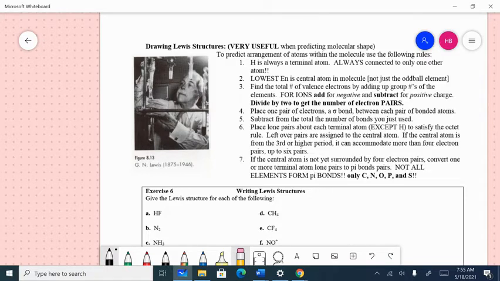If you are trying to represent an ion, remember that a negative sign means I have one extra electron. A positive sign means I have one electron short. So if you have a minus ion, that's how many extra electrons you have. If you have a plus ion, that's how many electrons you are short.